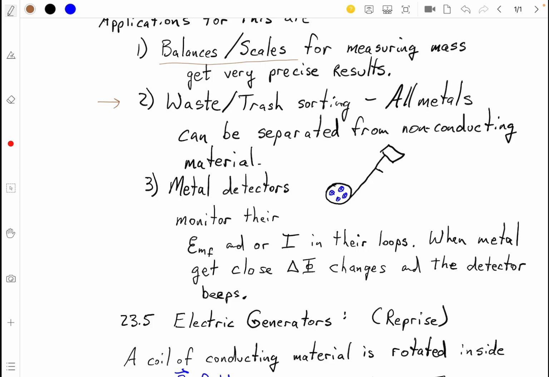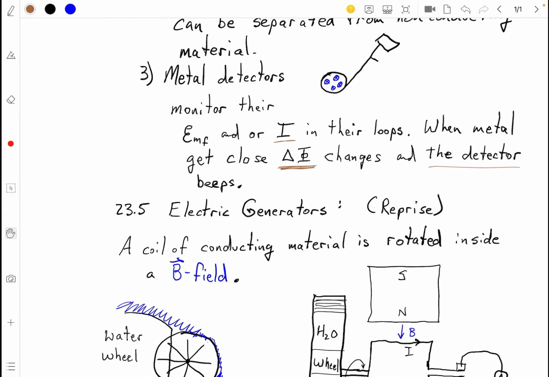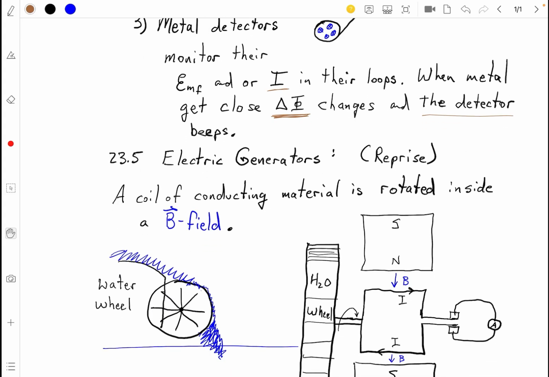But anyway, they monitor their own EMF or the current in all the loops that they have, and then when metal gets close, the flux changes, and that changes the I or the EMF, and then the detector beeps, and it tells you, oh, you've got a lovely gold doubloon in the sand, and everybody's happy and they scream and run home, and they've got millions of dollars now.